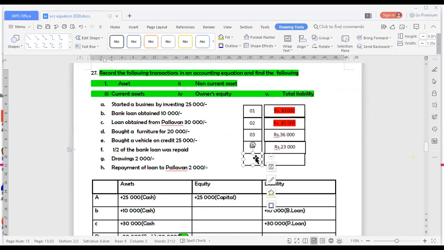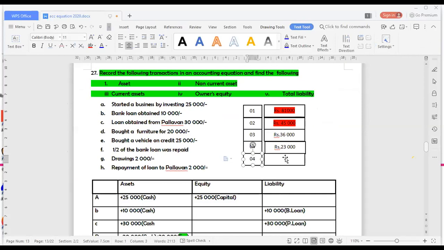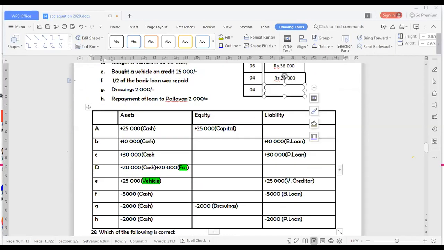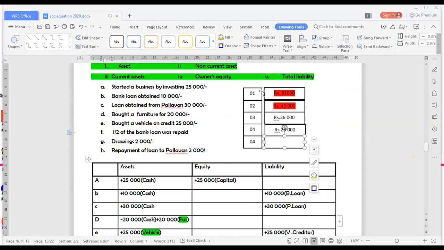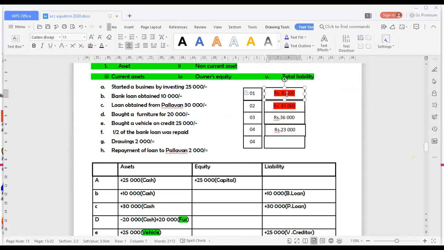Total liability. Liability also you don't need to add and deduct one by one, you can easily find it. How much is your total asset, my dear? 81. What is your total liability? Sorry, total equity, fourth one, 23. Asset minus equity equals liability.